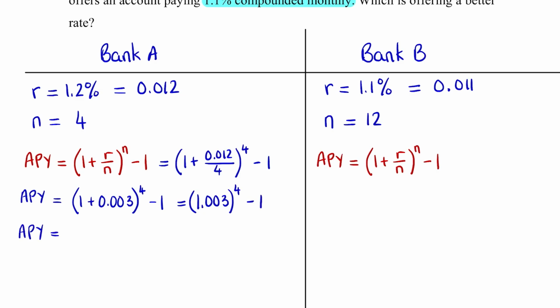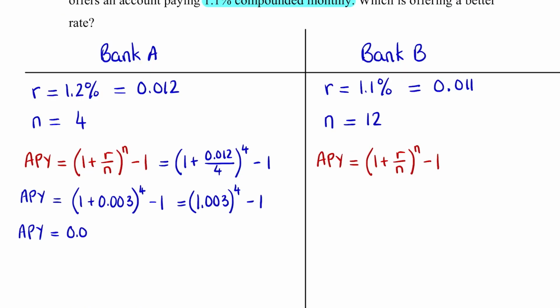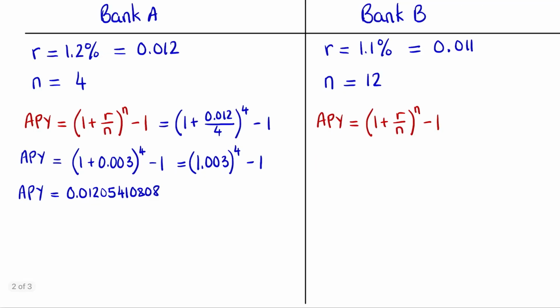And I'm going to put that in my calculator. 1.003 raised to the 4 minus 1 equals 0.01205410808. And to convert that into percent, I multiply this by 100%.